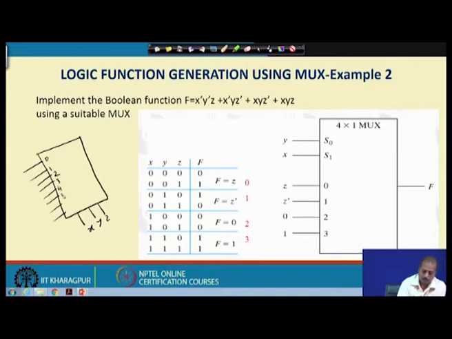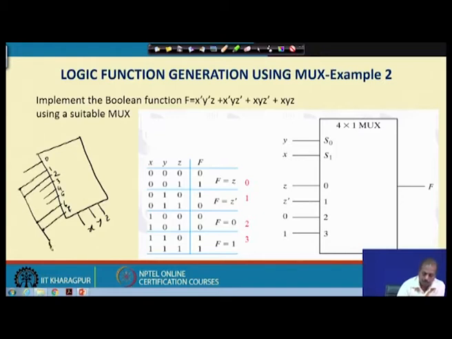0, 1, 2, 3, 4, 5, 6 and 7, and I know that for 1, 2, 6 and 7 the output should be 1. So, for 1, 2, 6 and 7 I tie them together to logic high.